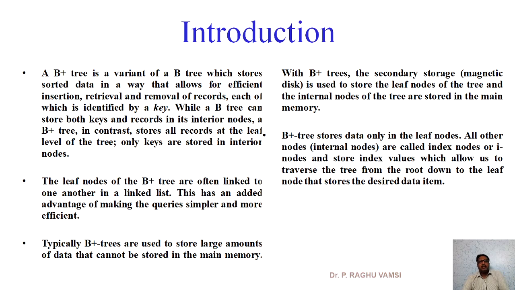Only a link will be provided to the hard disk. The key item of the disk data will be stored in the main memory. With B plus trees, the secondary storage, that is the magnetic disk, it may be a hard disk, is used to store the leaf nodes of the tree, and the internal nodes of the tree are stored in the main memory.